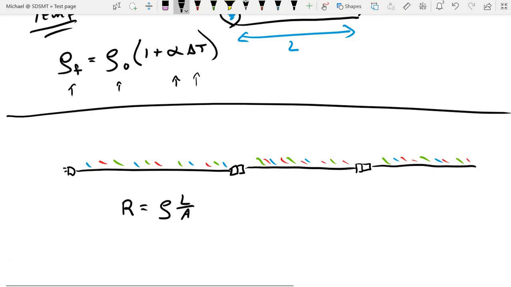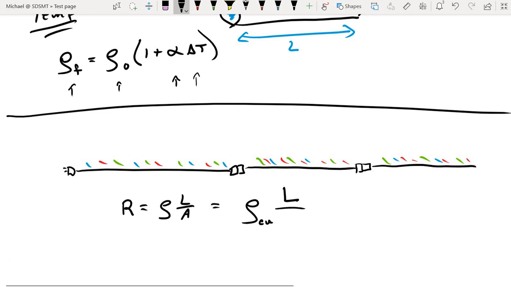The material that these cords are made out of is most likely copper, and so we would say there's a resistivity of copper. But then we have to consider the length of each wire, and maybe each wire is about 10 feet long, so that would be about 3 meters each. So that would be the length.